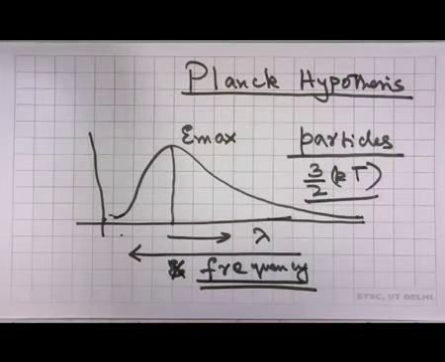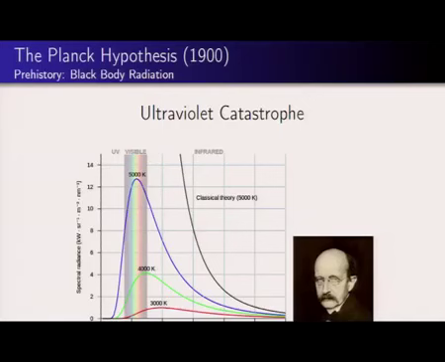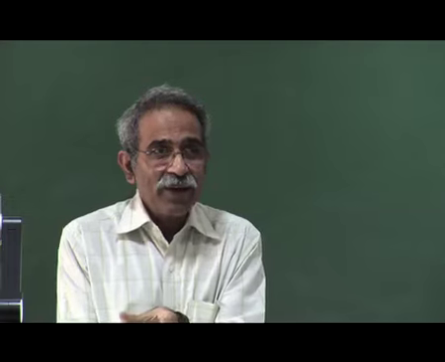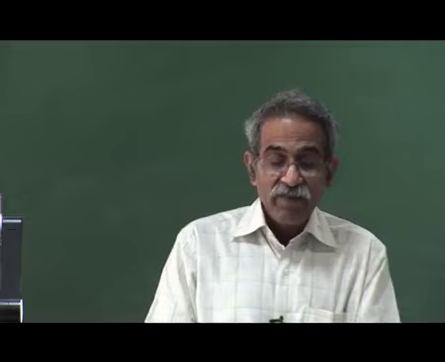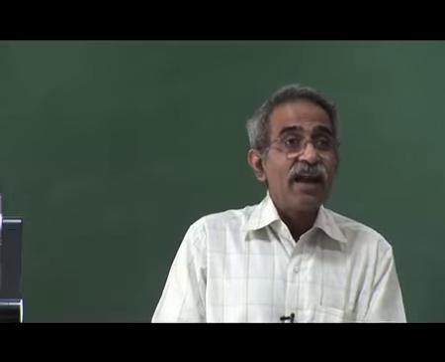Now if you look at this experimental result, this is agreeing very well in the classical limit. So what will Planck do? Planck will say, I will associate, that is a very, very important thing for us, I will associate the large wavelength limit with small energy limit, and the small wavelength limit with the large energy limit.